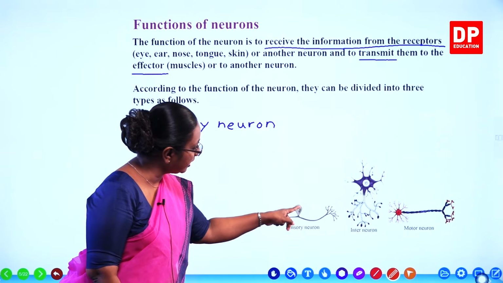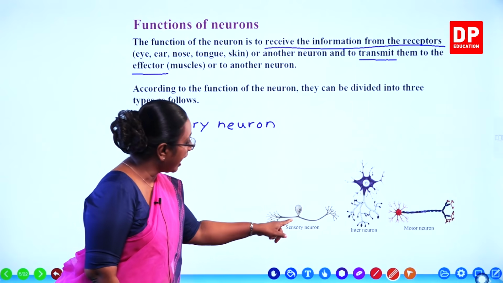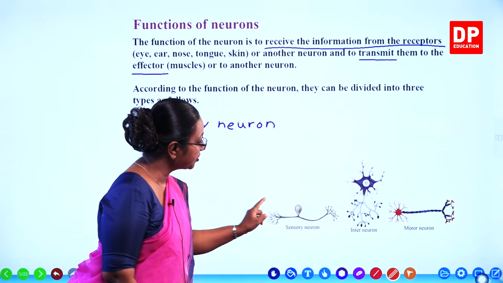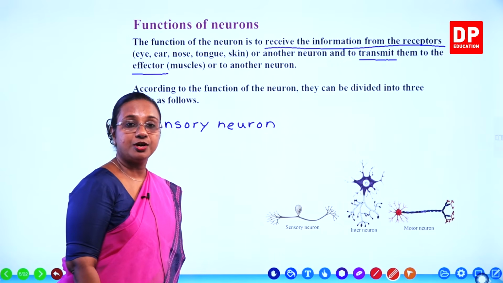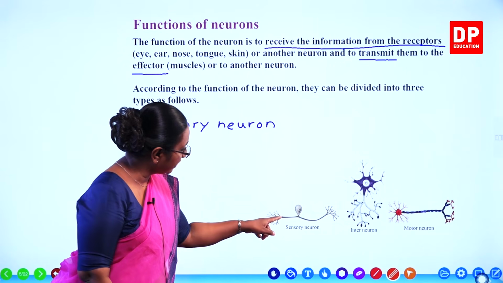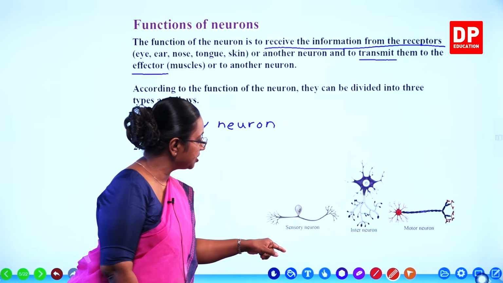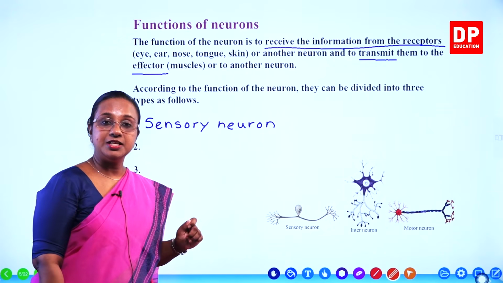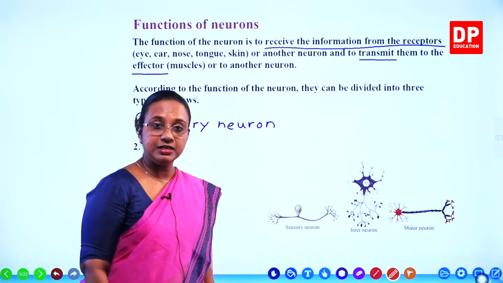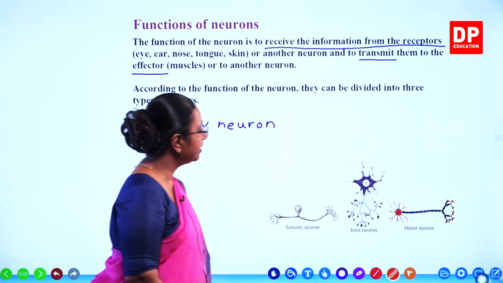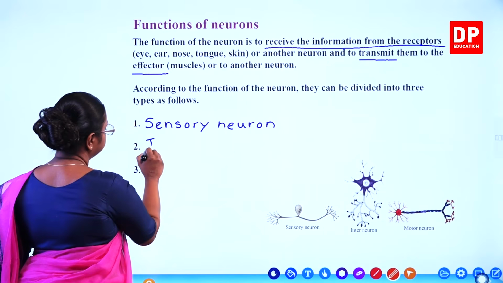The cell body is in the middle and the dendron and the axon start from the same point of the cell body. And here you can see they are branched. So this is a feature that will help you to identify the sensory neuron. Then we have the interneuron.